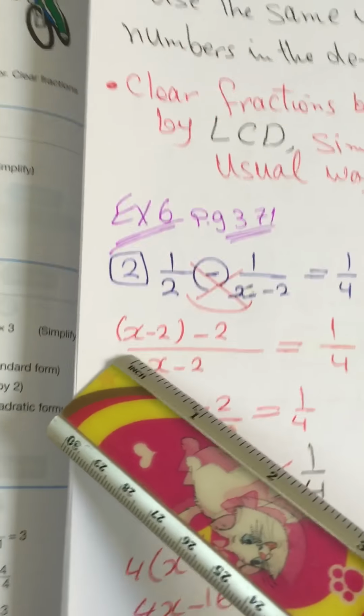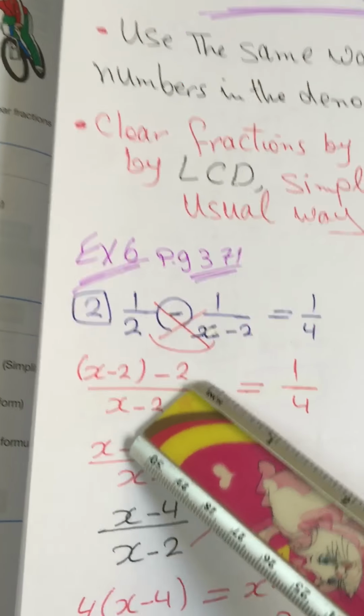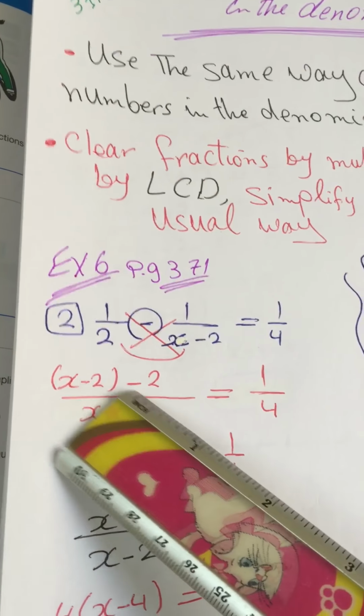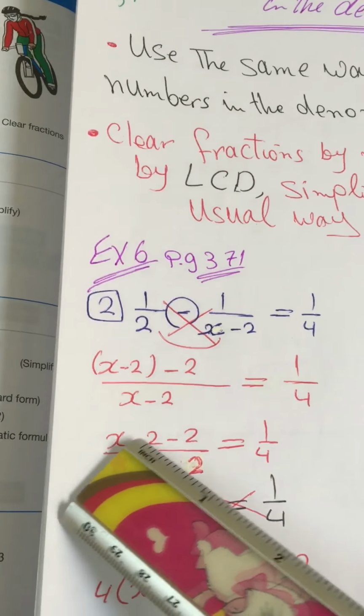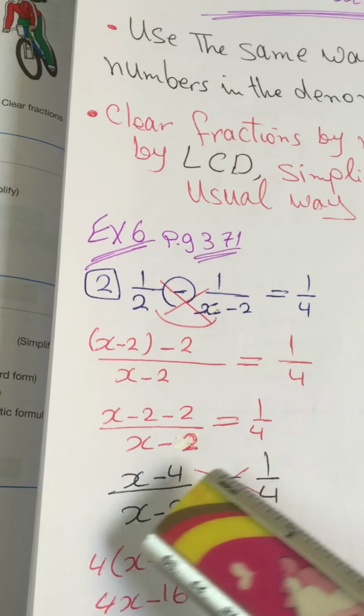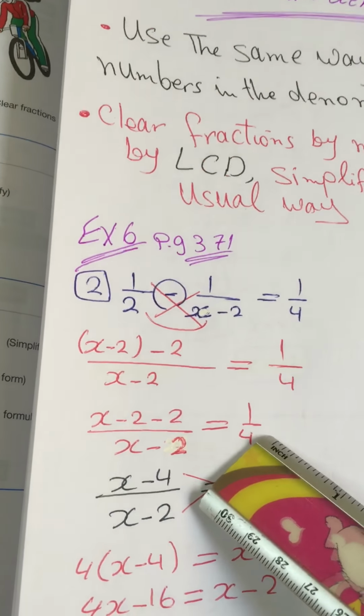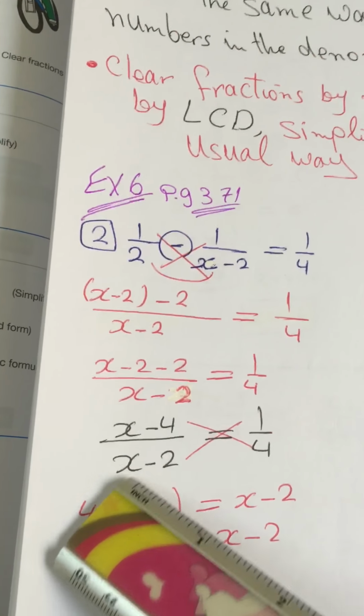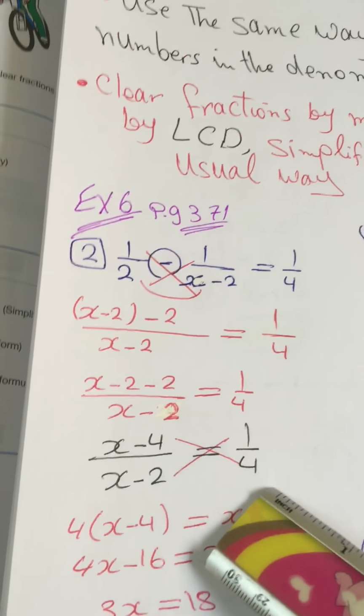Now I have x minus 2 minus 2. No need to keep these brackets, you can remove them. So you have x minus 2 over x minus 2 equal a quarter. So collect the numbers, it will be x minus 4 over x minus 2, equal 1 over 4.